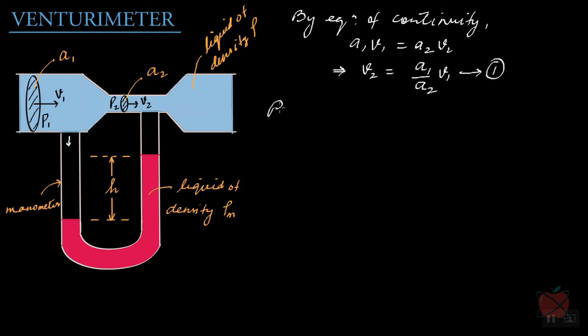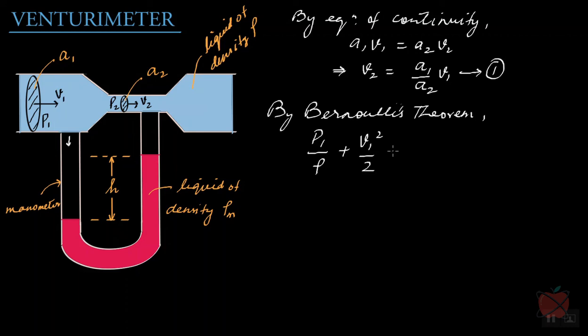By Bernoulli's theorem, we have P1 by rho, where rho is the density of the liquid, plus V1 square by 2, equal to P2 by rho plus V2 square by 2.